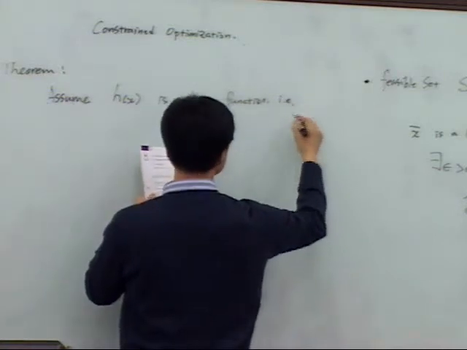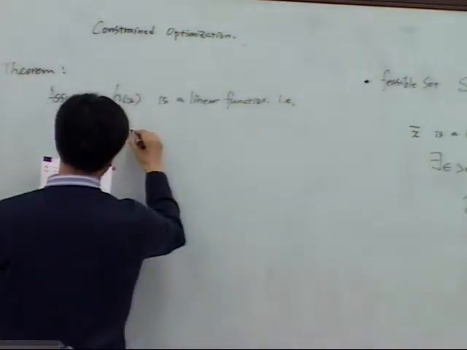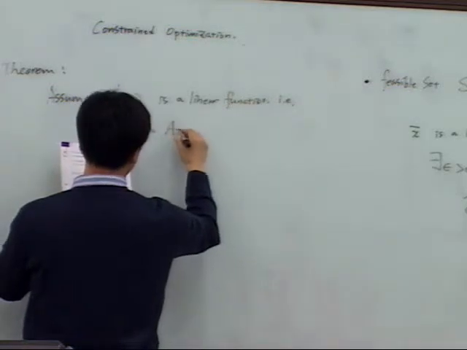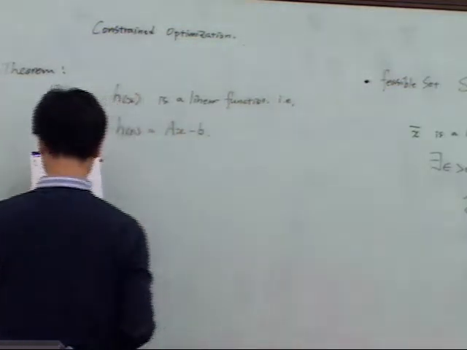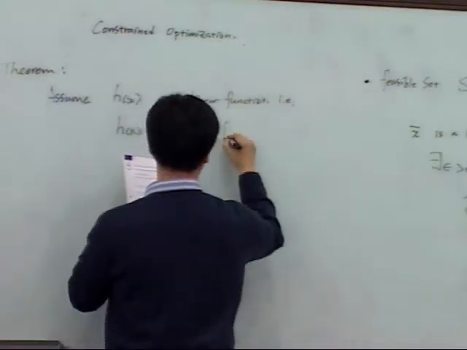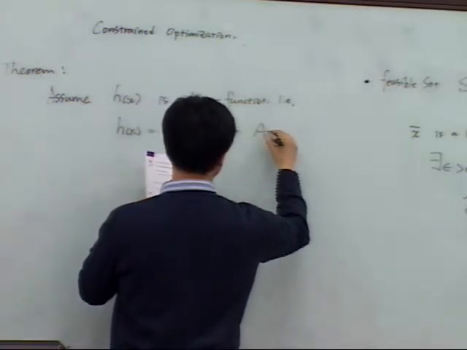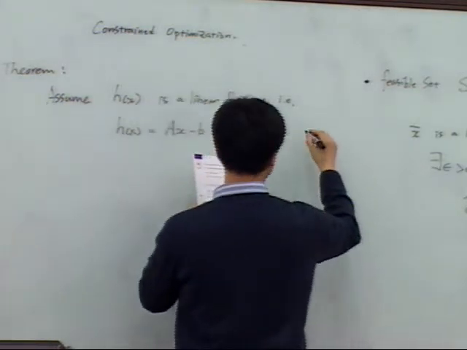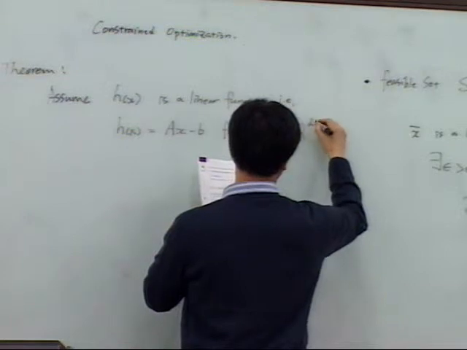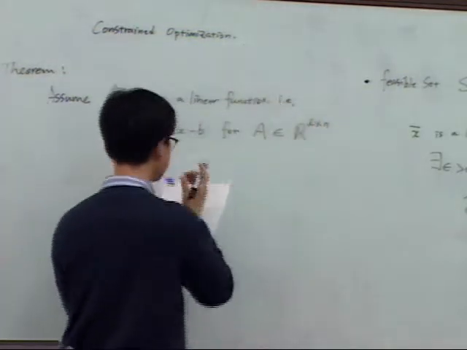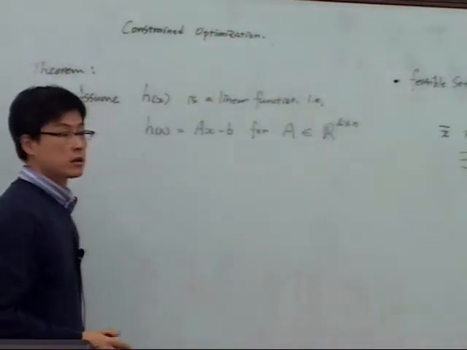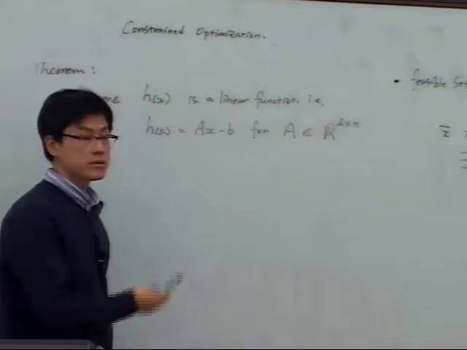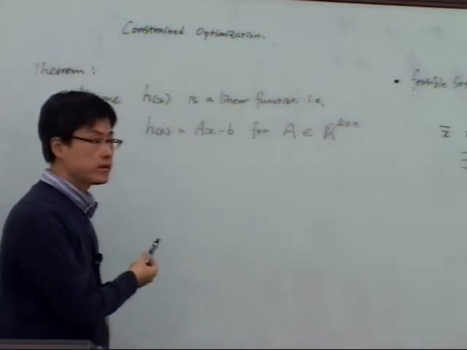In other words, h(x) is Ax minus b, a generalized linear function.